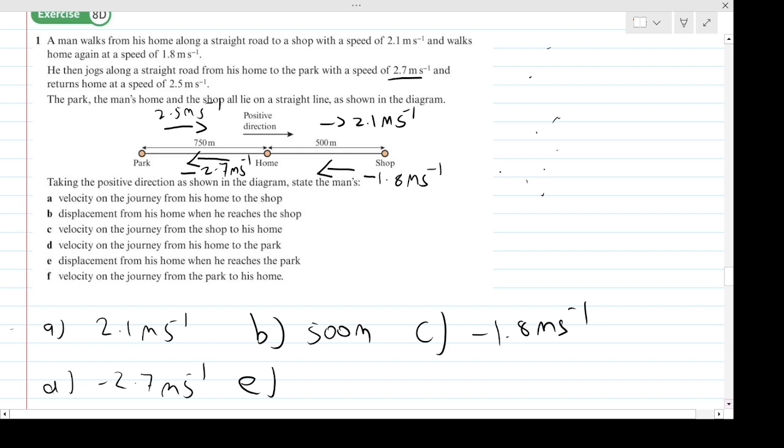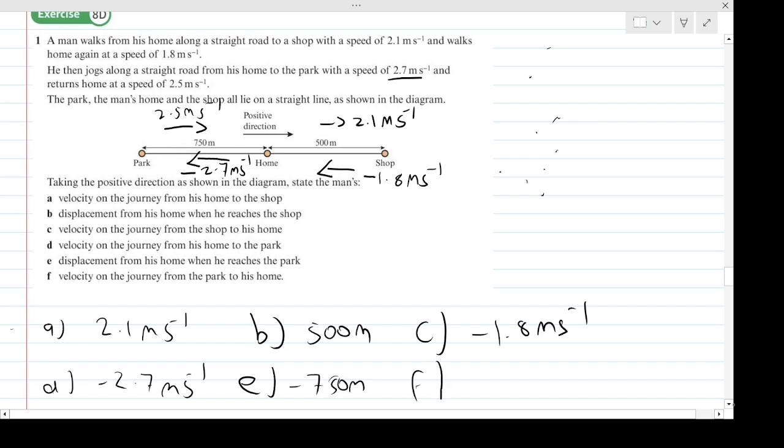From the home to the park, it's 750 meters, but this 750 meters he walks is in the other direction. So it's not forwards, it's backwards. So it'd be negative 750 meters because he walks 750 meters, but in the negative direction.